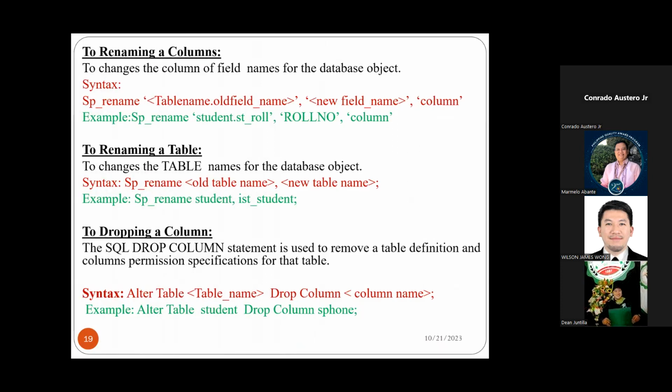Renaming a column to change the field names for a database object. Syntax: sp_rename 'table.old_field_name', 'new_field_name', 'COLUMN'. For example, sp_rename 'student.st_roll', 'roll_no', 'COLUMN'.